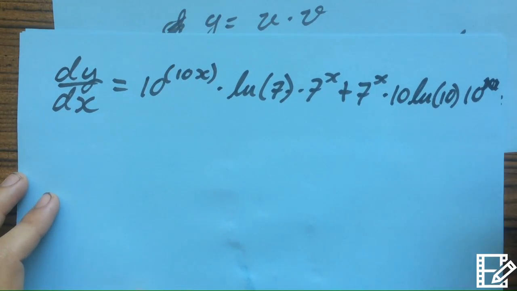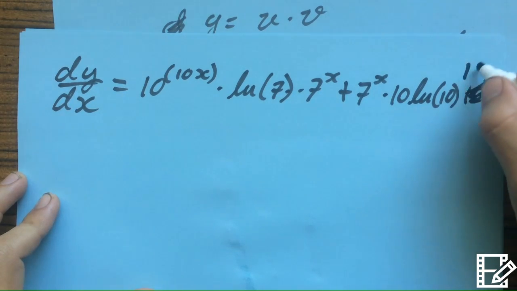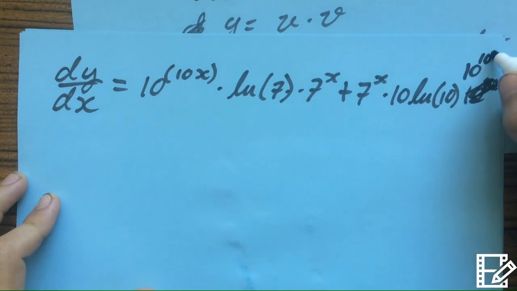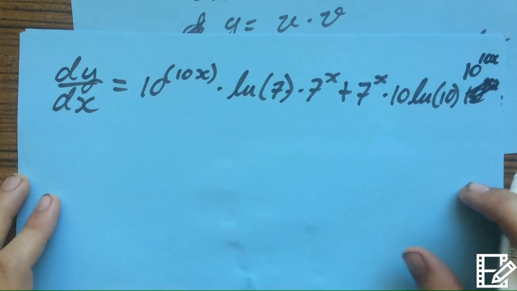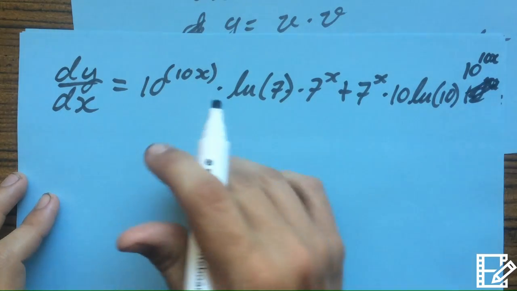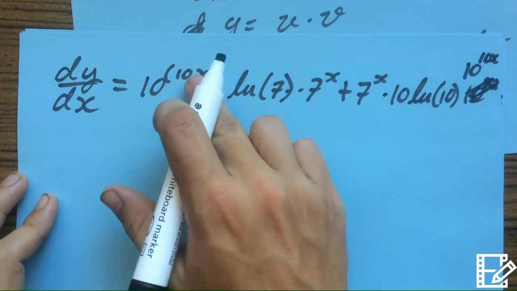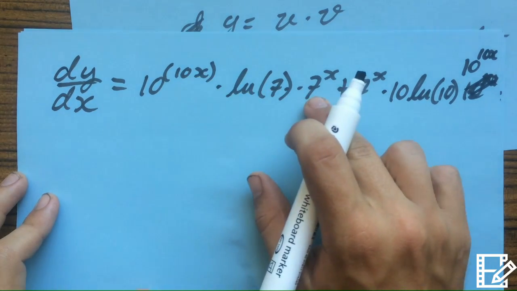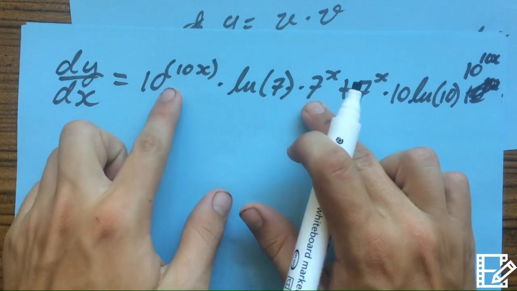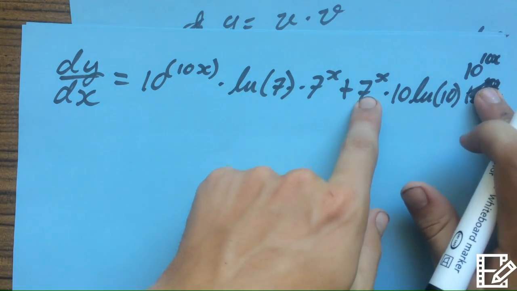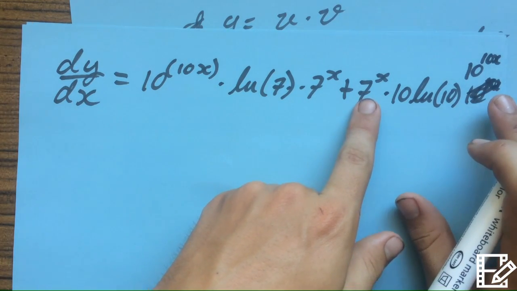You can't really see that, but because we have both a 10 to the power of 10x and a 7 to the power of x in here and in here, we can factor those values out.